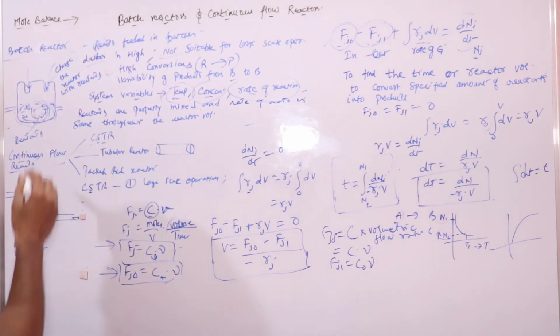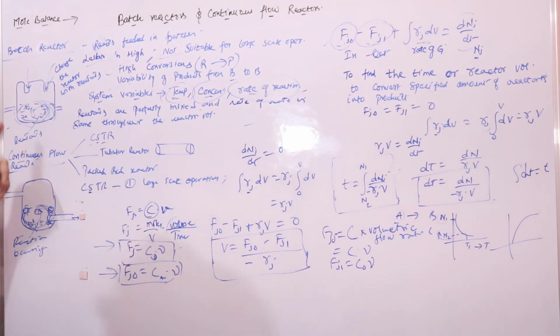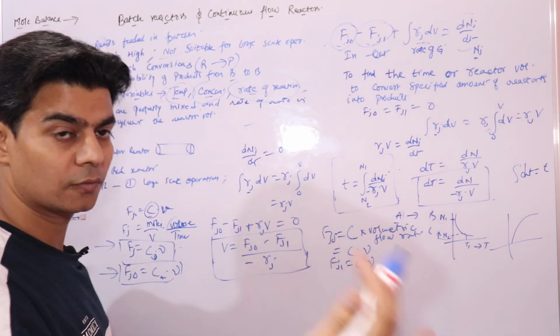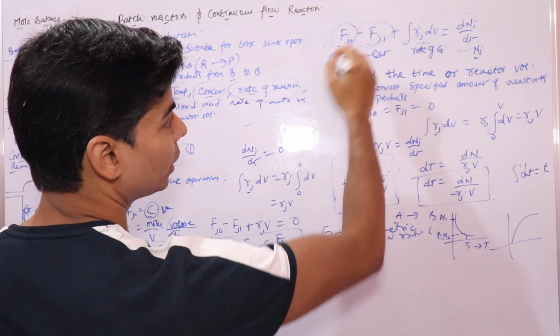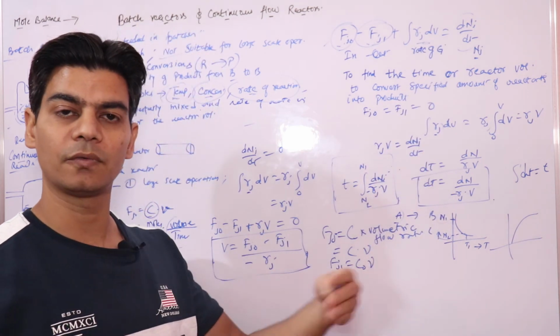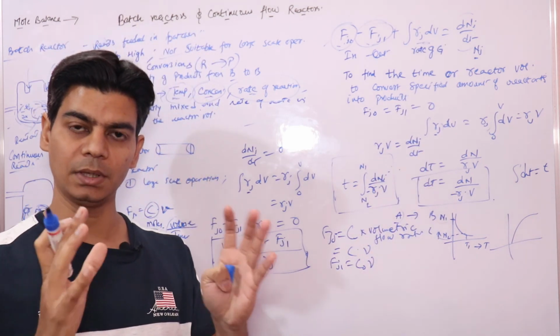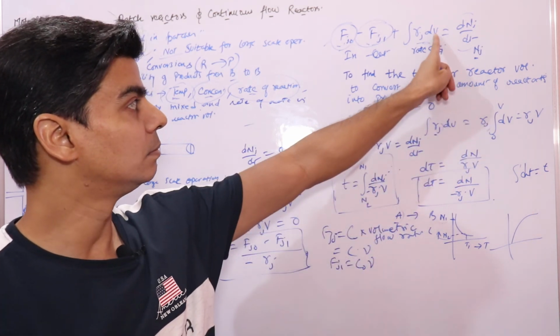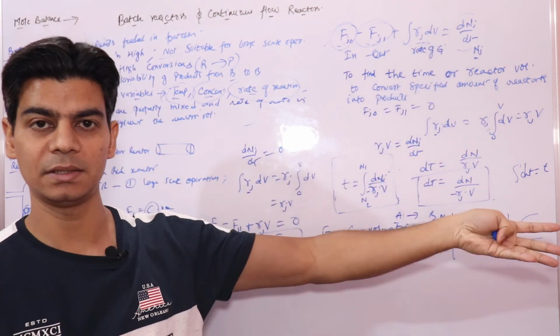And in this first type of reactor, you have to look at the molar flow rate in and molar flow rate out, and the rate of generation, which is the rate of reaction at volume dV inside the tank.